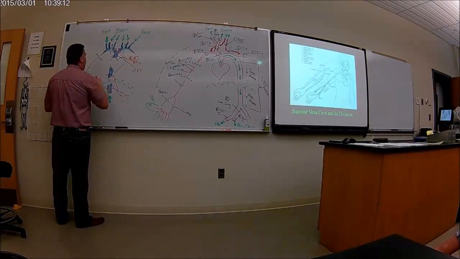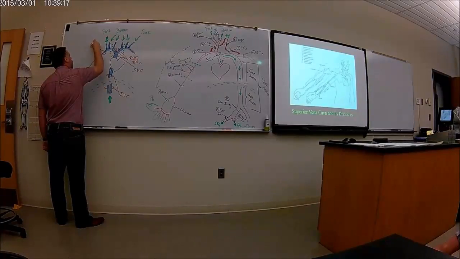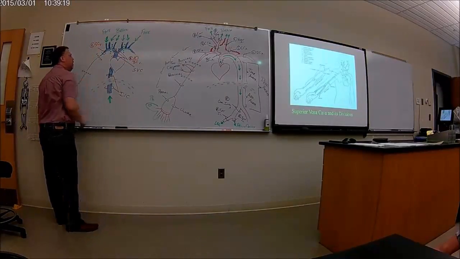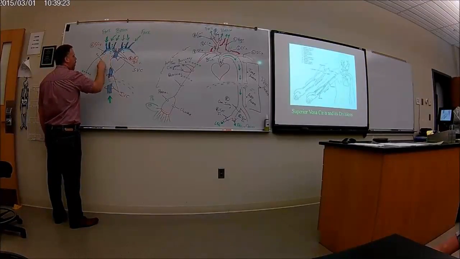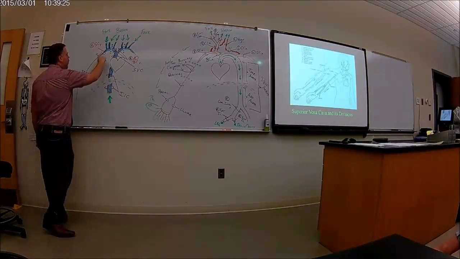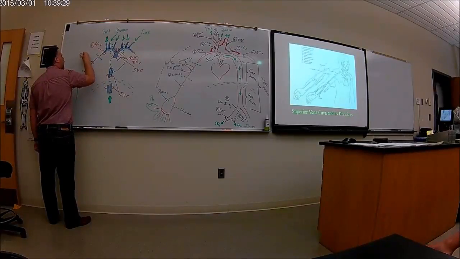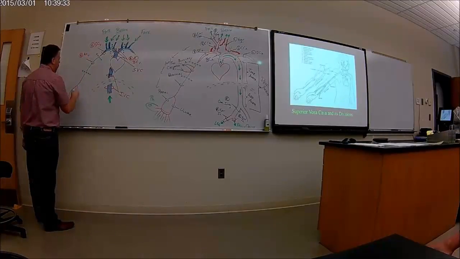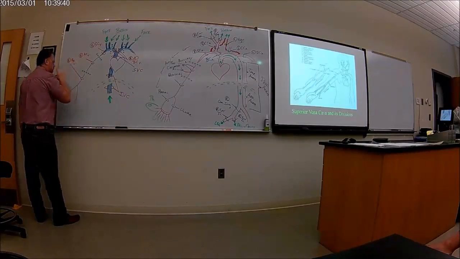That's going to turn into the right subclavian vein, so from this green dotted line to that green dotted line. Okay? Then that's going to change into the right axillary vein. And then you got the right brachial vein.